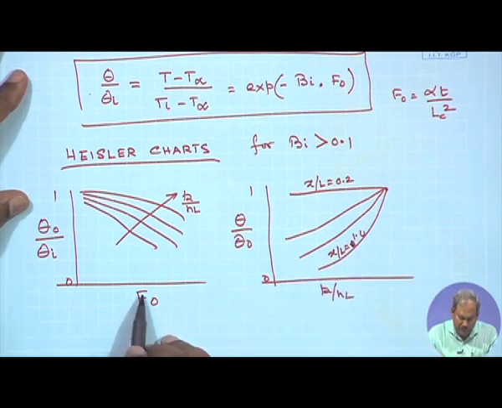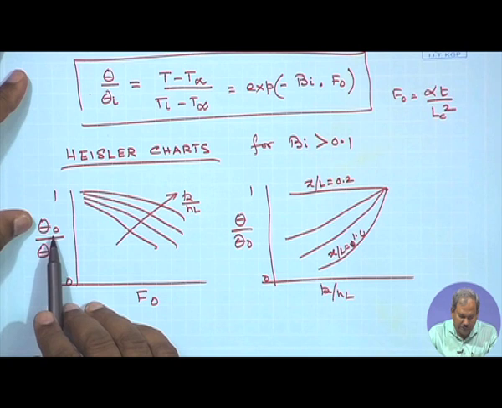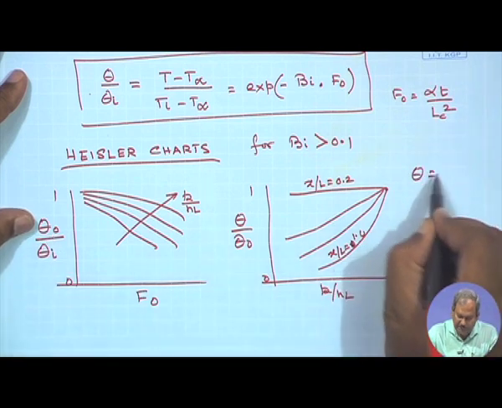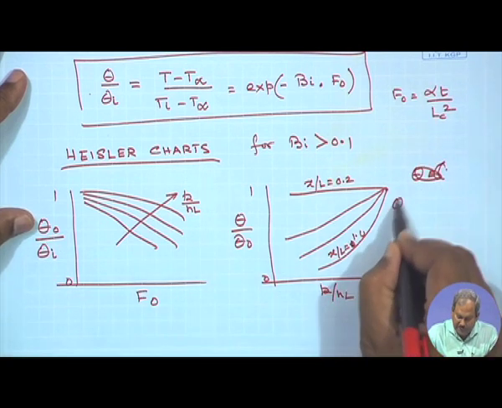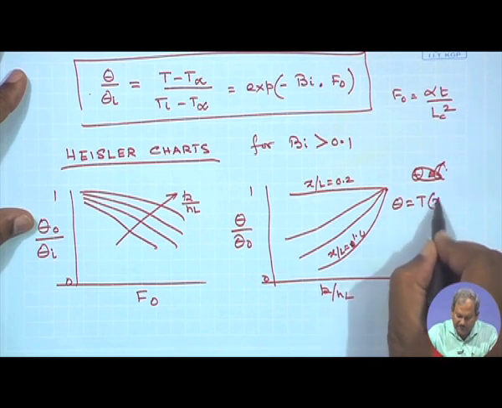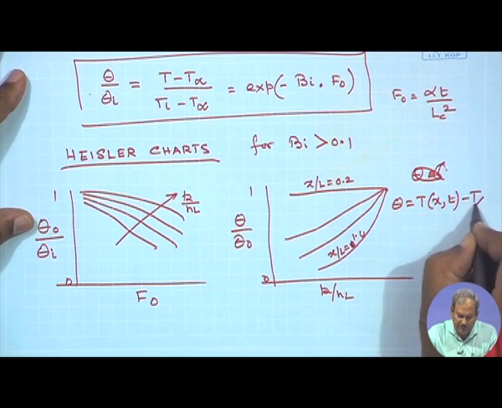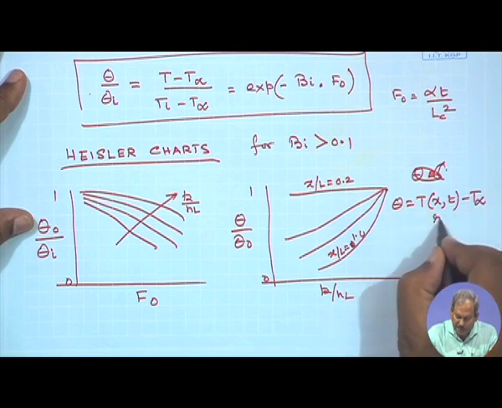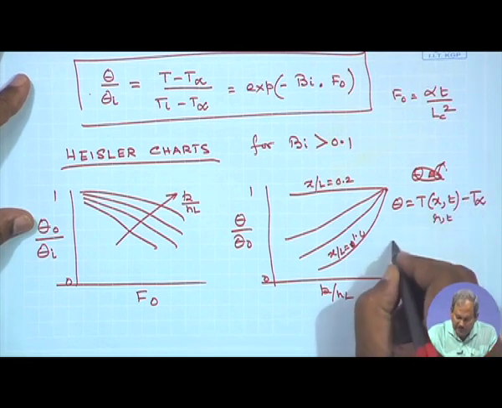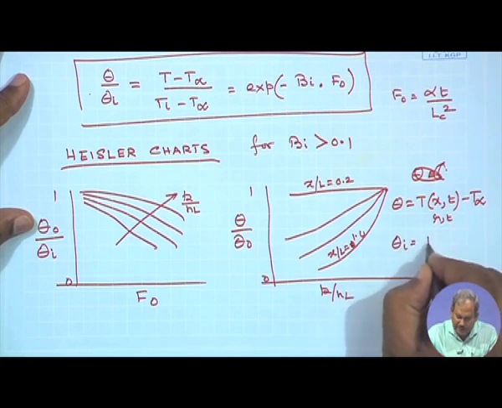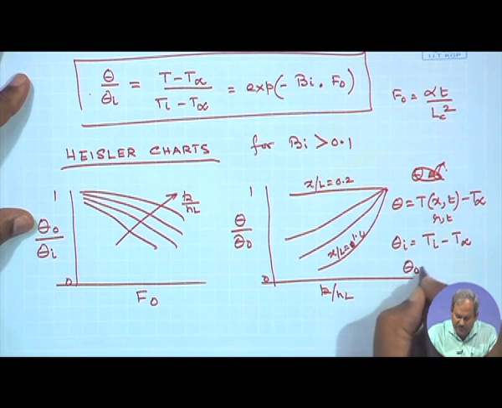So knowing the Fourier number, where theta is defined as temperature as a function of space and time minus T infinity, or r and t minus T infinity. Theta i is the initial difference in temperature, and theta 0 is the center line temperature minus T infinity.